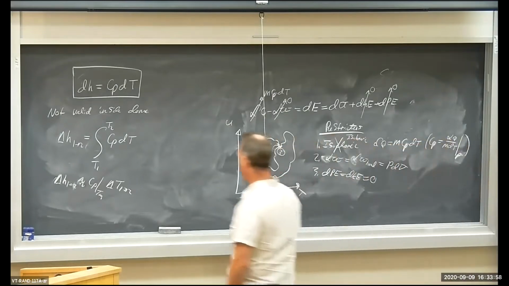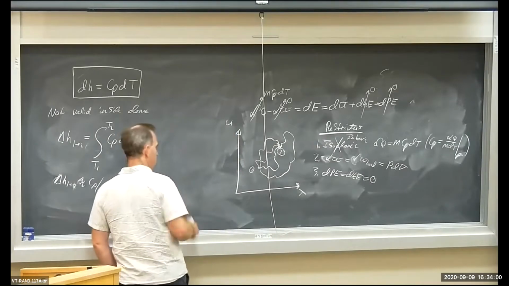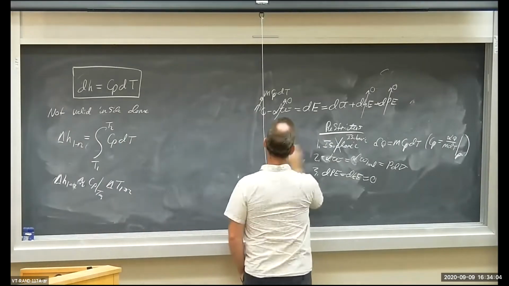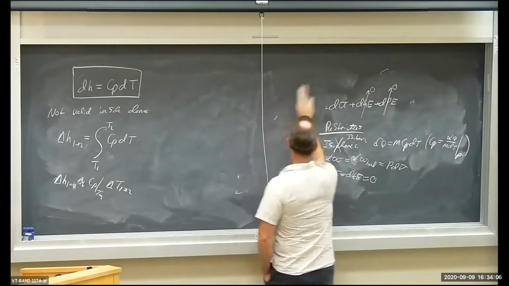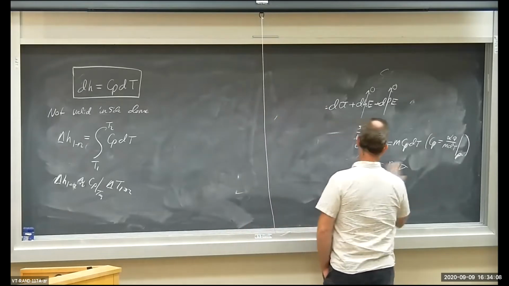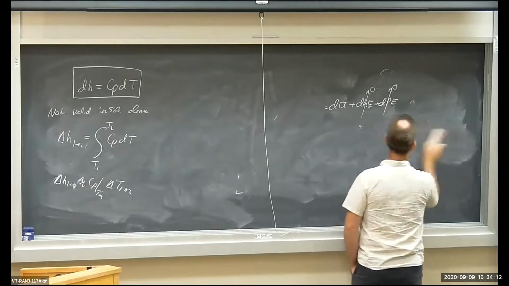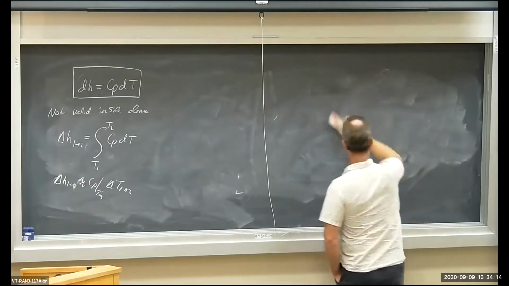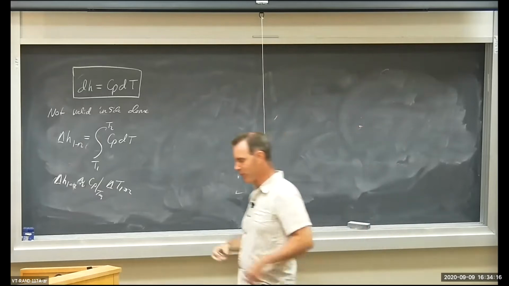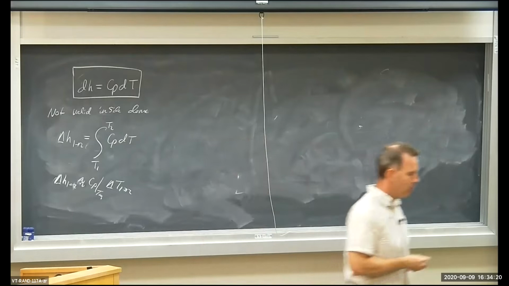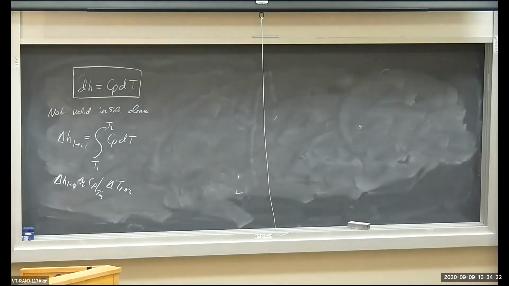Now I want to say one or two more things about this. There's two more details I want to go over. So for the isobaric process, where we derive that equation, we have boundary work. If it's a constant pressure process, the system can be expanding or contracting, and it's an isobaric process when we have boundary work.